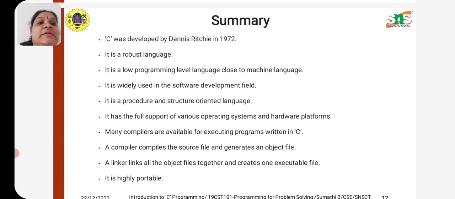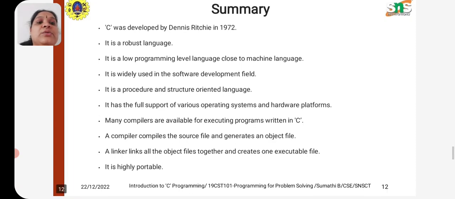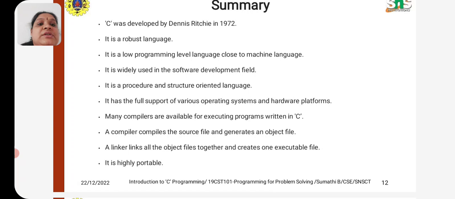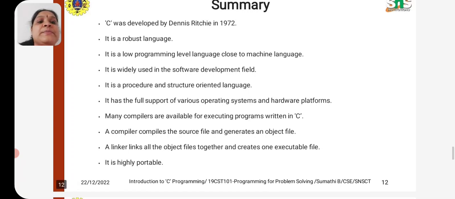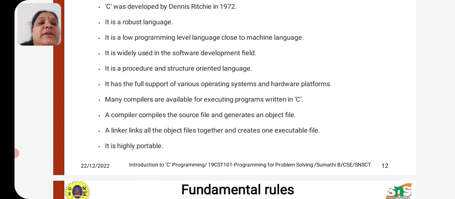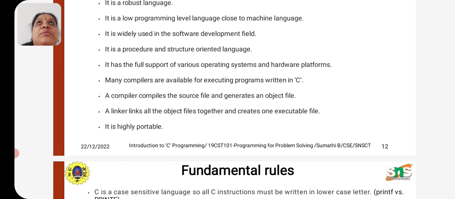C was developed by Dennis Ritchie in 1972. It is a robust, low level programming language close to machine language. It is widely used in the software development field, and it is a procedural and structure oriented language. It has full support of various operating systems and hardware platforms.